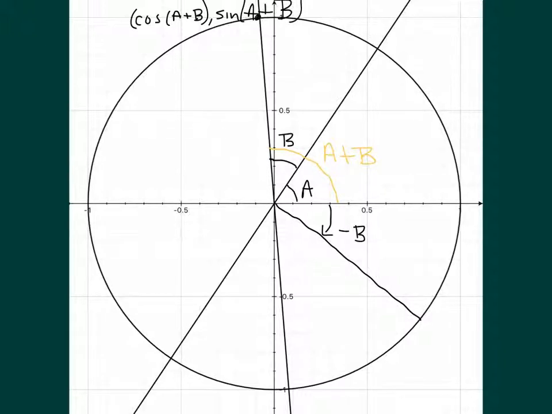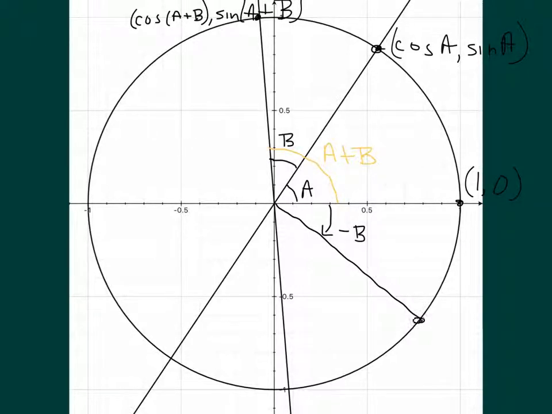And this point would be the point cosine A, comma, sine A. And this point we know is the point 1, 0.